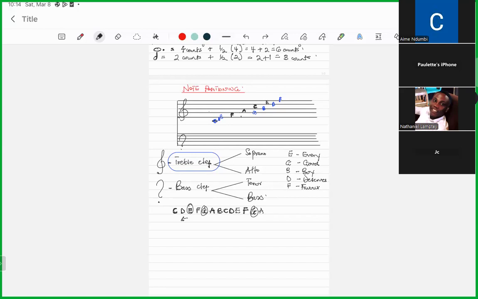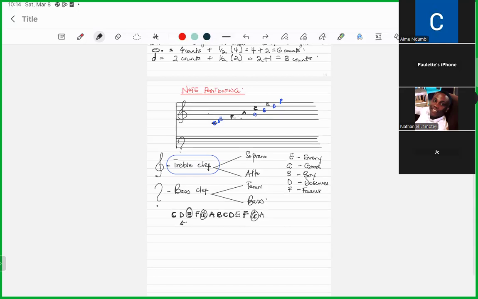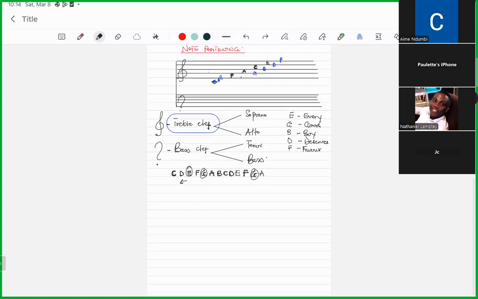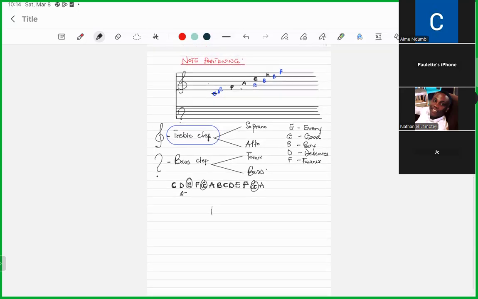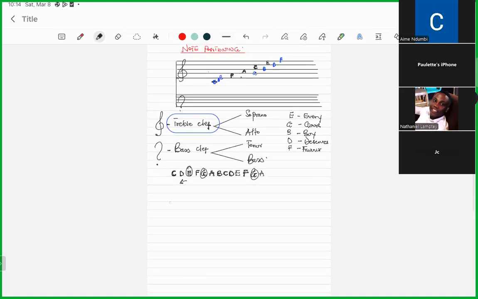So initially we said the easiest way to identify is, for the spaces we have FACE, and for the lines, every good boy deserves favor.